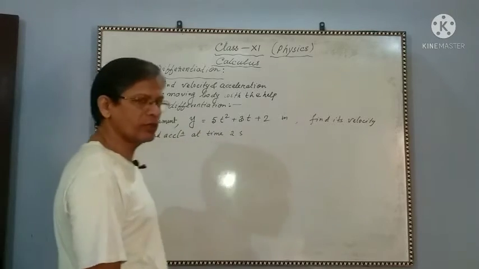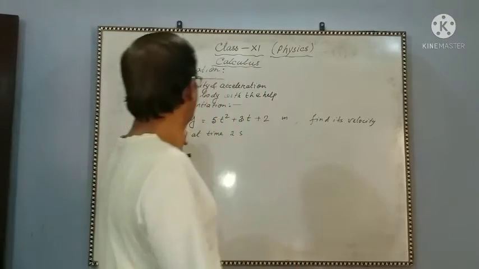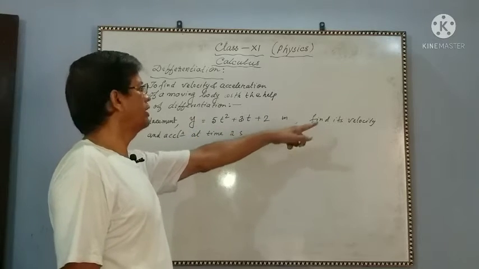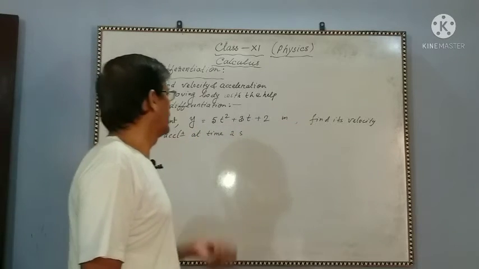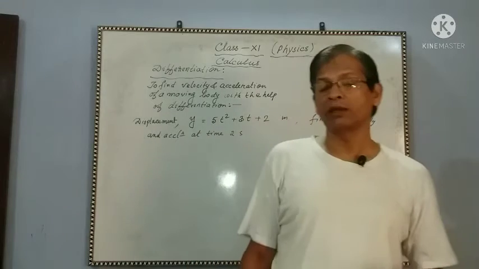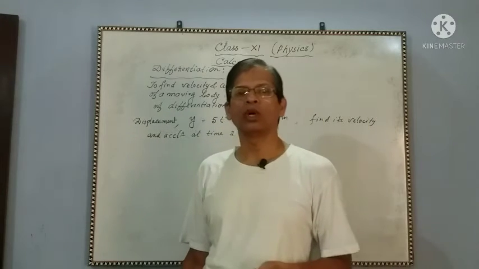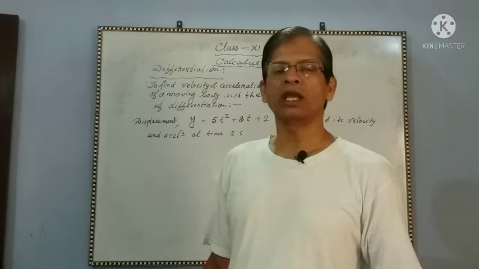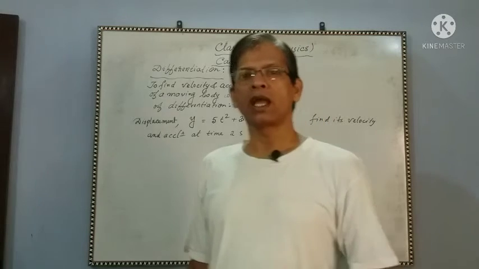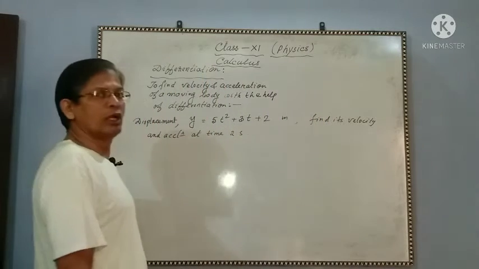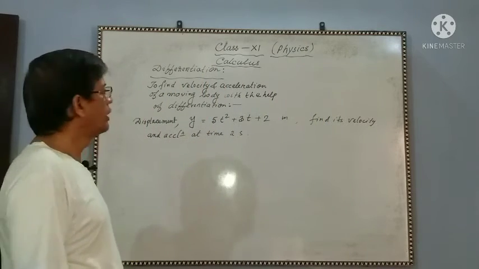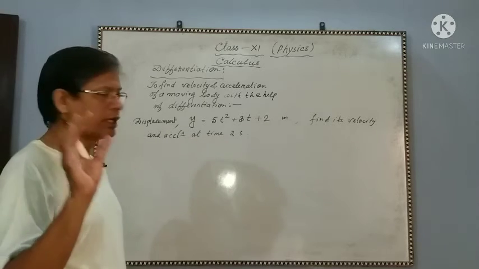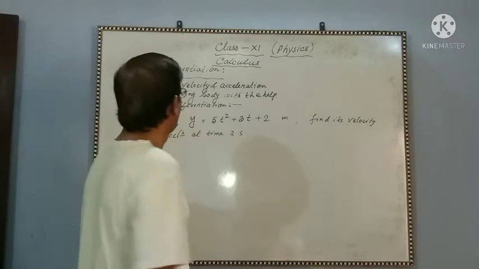So the displacement of a body is y equal to this meter. Find its velocity and acceleration at time 2 seconds. What does it mean? What you have to find? You have to find the instantaneous velocity and instantaneous acceleration. So, how do you do this? Using differentiation. You see, this is very important.